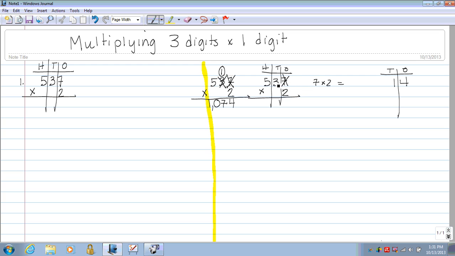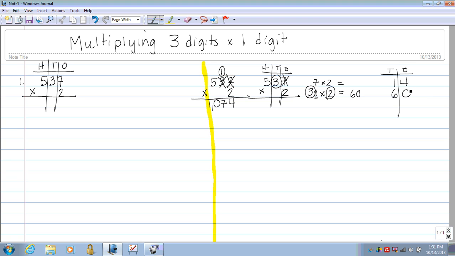Now I'm multiplying 3 times 2, but again, boys and girls, we talked about that 3, and the value of that 3 is 30. So now I have 30 times 2, and I know that 3 times 2 is 6. Right? And then I add my 0. So the value of 30 times 2 is 60.